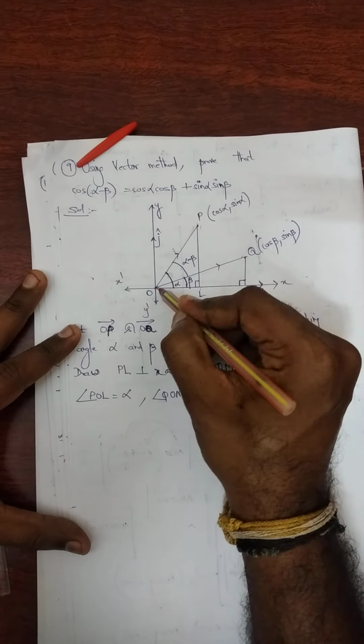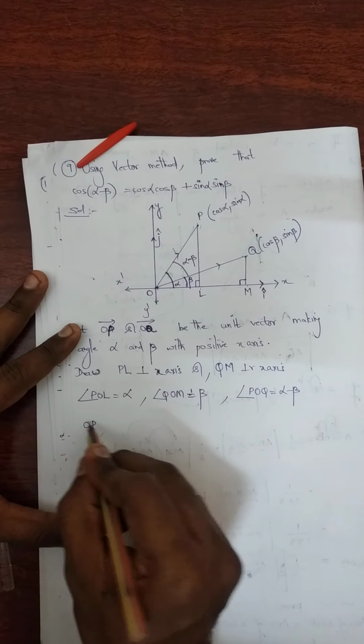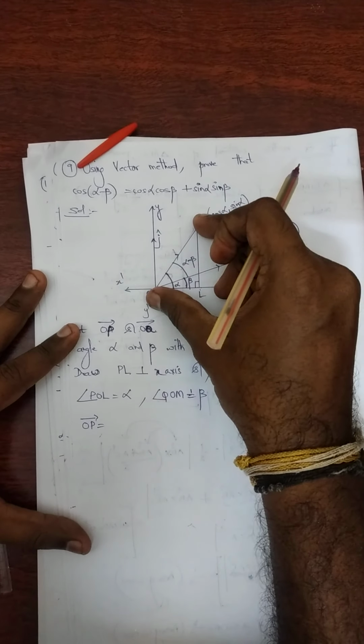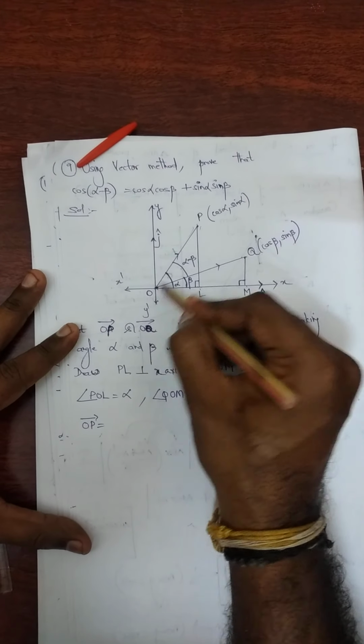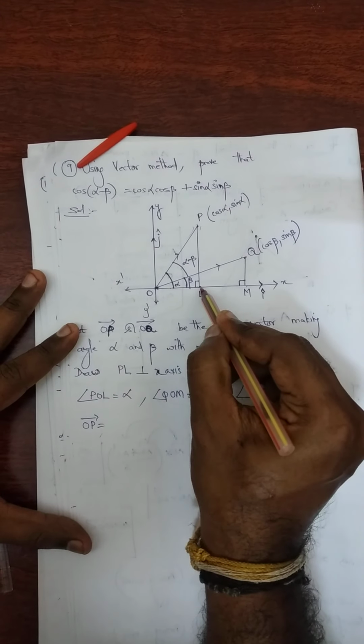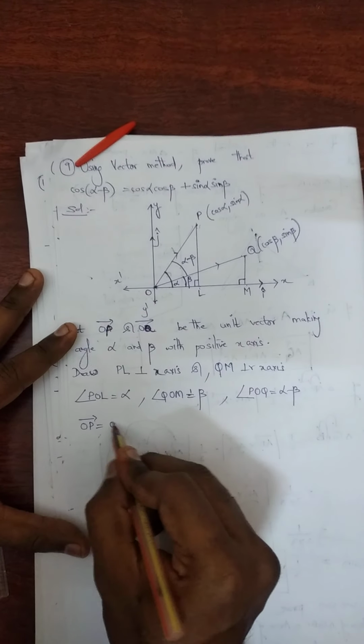Next, what is the OP vector? This is the head, this is the tail. OP vector is equal to OL vector plus LP vector.